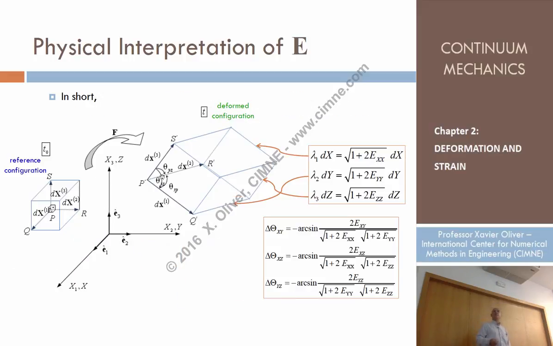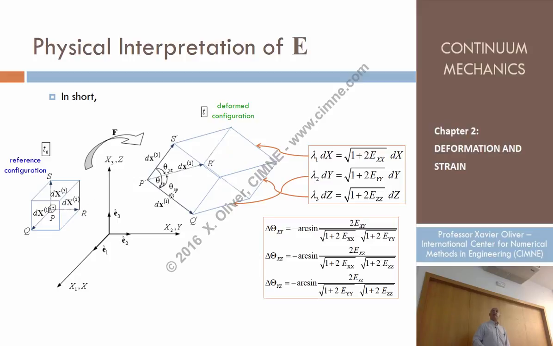This is synthesized here. Imagine that we have a particle P and three other particles, Q, R, and S, which are placed following the Cartesian directions, like that. So we can consider this parallelepiped here, which gets deformed, and in the deformed configuration we have points P prime, Q prime, R prime, and S prime.